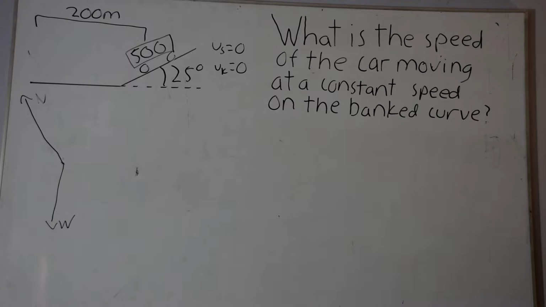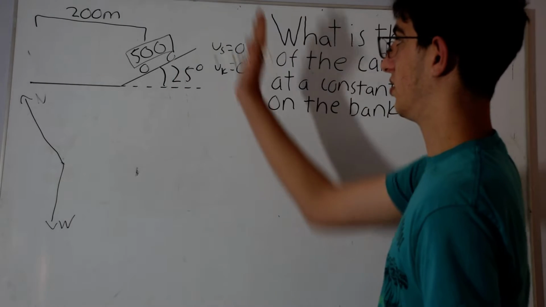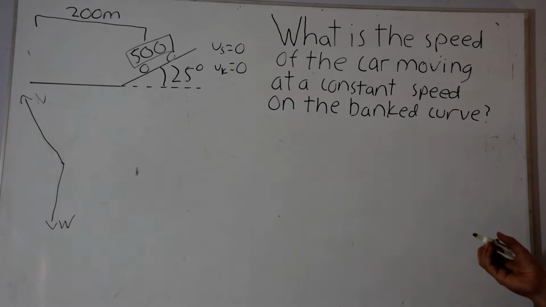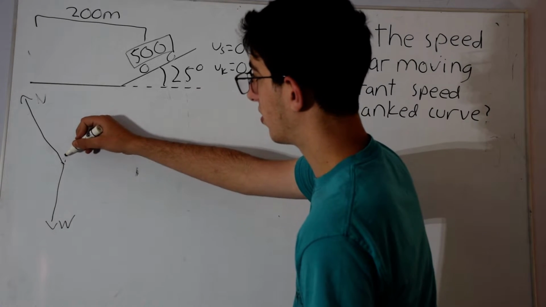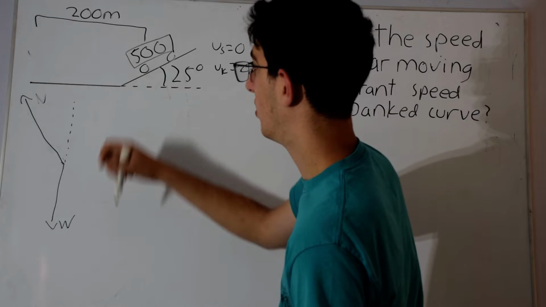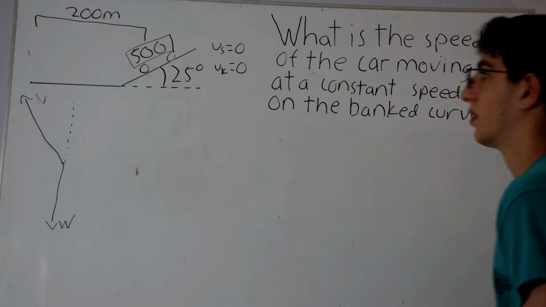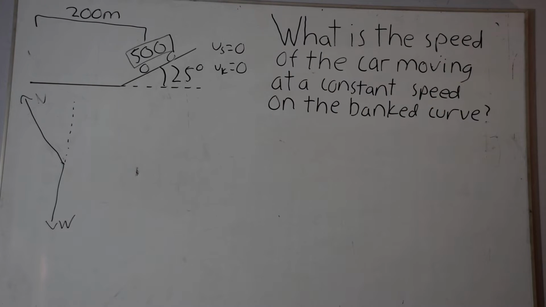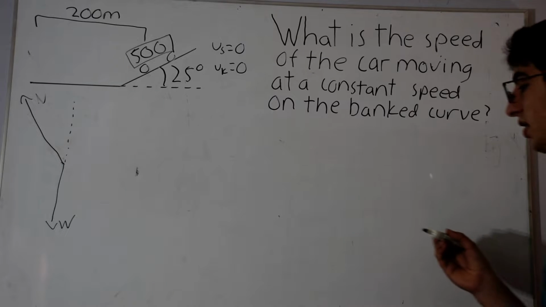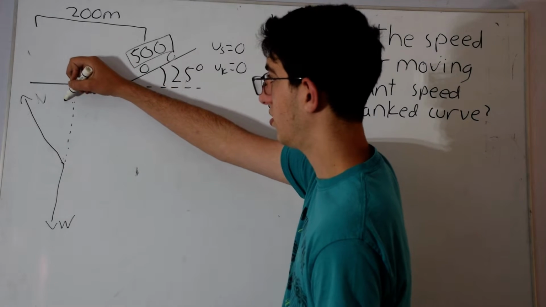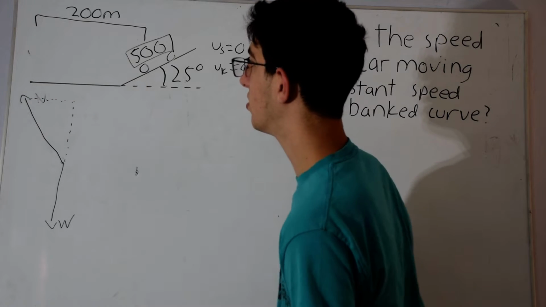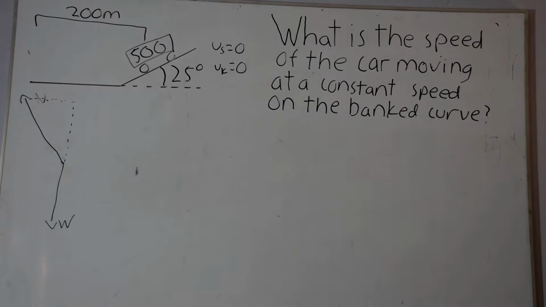Okay, so this car is not going to accelerate upwards or downwards. So we know that the vertical component of the normal force must be equal in magnitude to the weight, because the vertical forces must add up to 0. And we also know that the horizontal component of the normal force, because there are no other forces, must provide the centripetal acceleration.